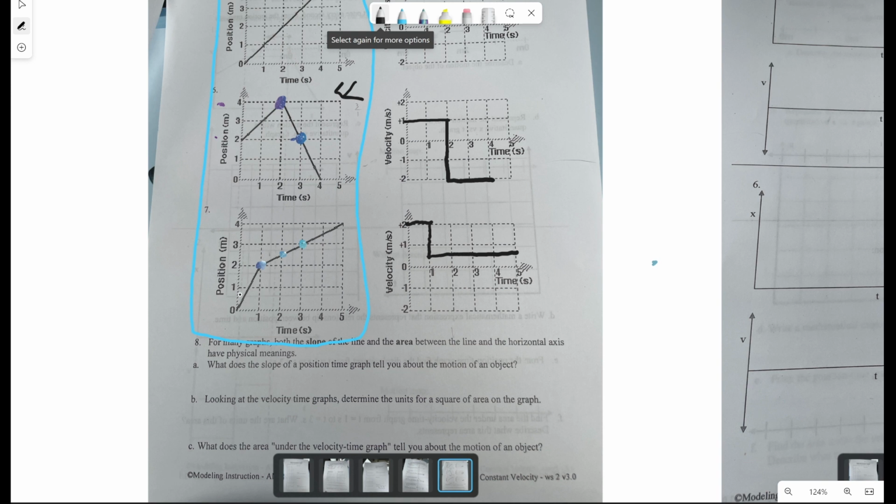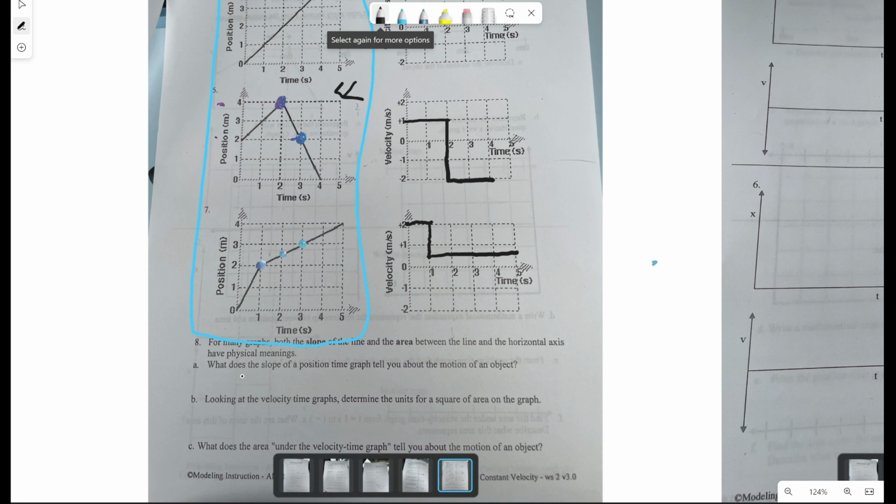So position versus time is telling you, depending on how sloped it is, how fast it's going. For slope, if it's going faster, it's going to have a sharper slope, or a more vertical slope. If it's going slower, it's going to have a more horizontal slope, just like we see here, right?